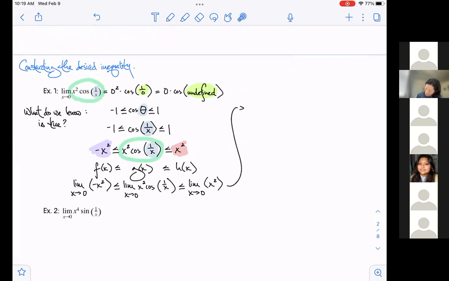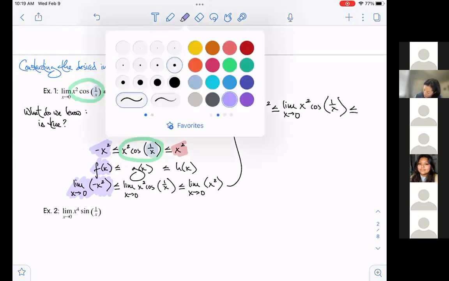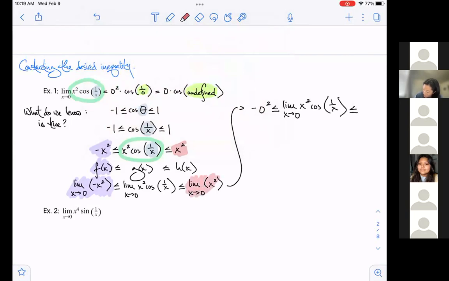And what happens when we plug in 0 to that f of x, or the purple function? Both the bread pieces are going to equal 0. Right? I plug in 0, I get negative 0 squared, which is less than this limit that I want. And I think I heard it, the other limit, when I plug in 0 for x squared, I get 0 squared.